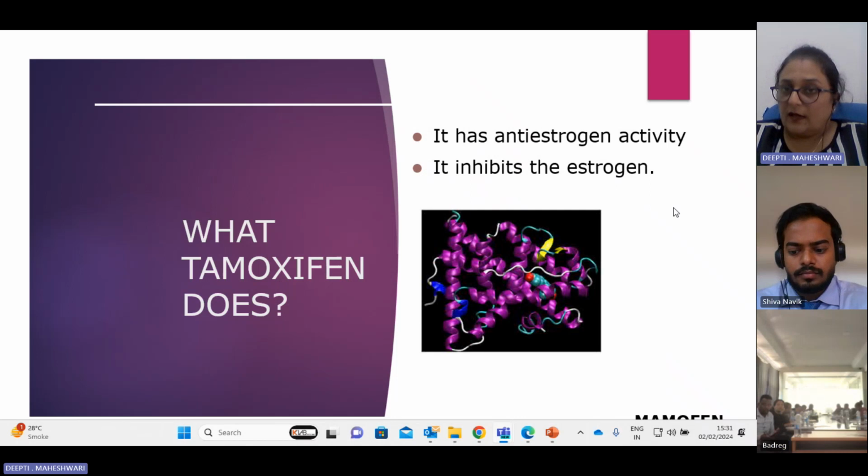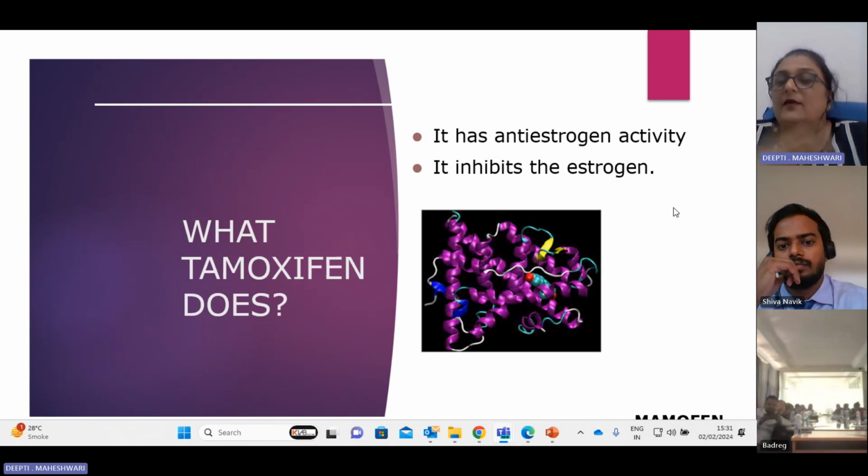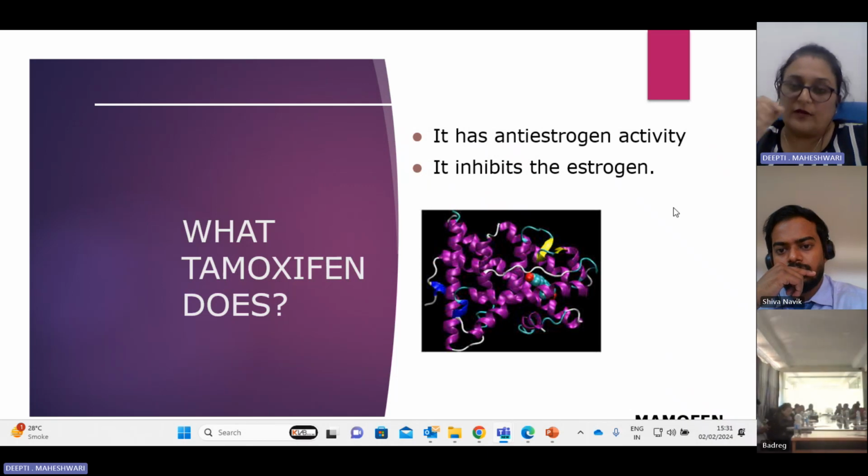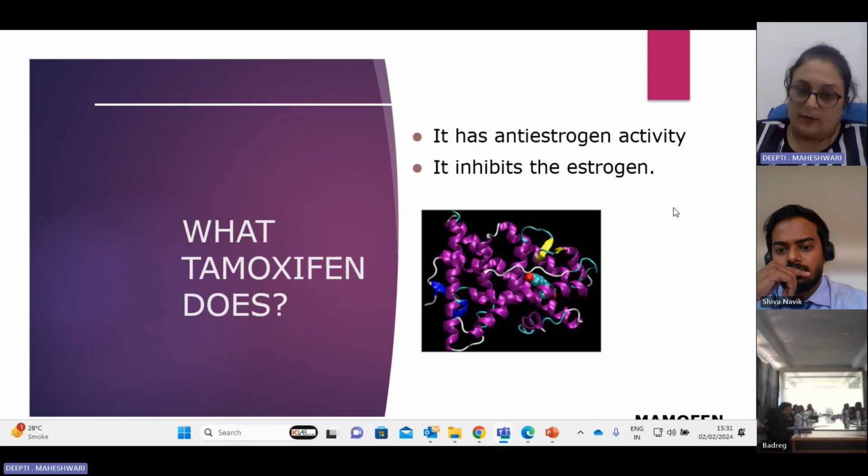How does it act? It will inhibit the estrogen. It will go and inhibit the estrogen which is present in the female's body, and by inhibiting the estrogen, the free estrogen will not be present, because of which the breast cancer cells will not get estrogen, and they will stop multiplying. This is how it controls breast cancer.